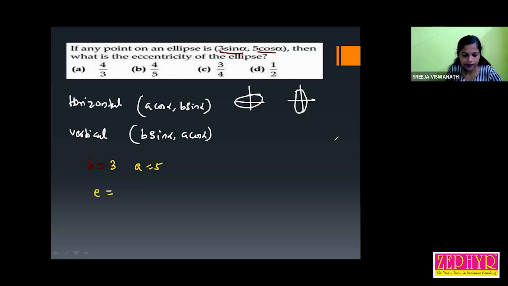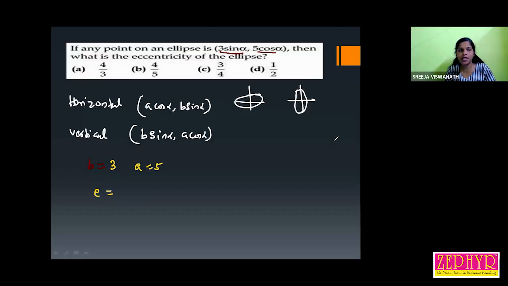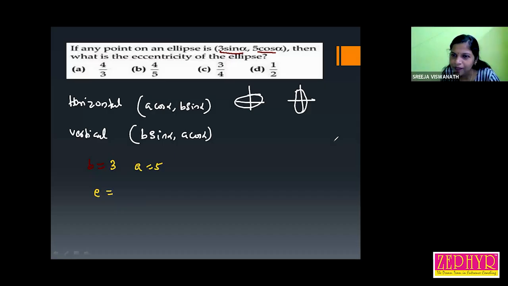For the second type of ellipse, eccentricity is c by a. C equal to ae, so ae by a equals e.